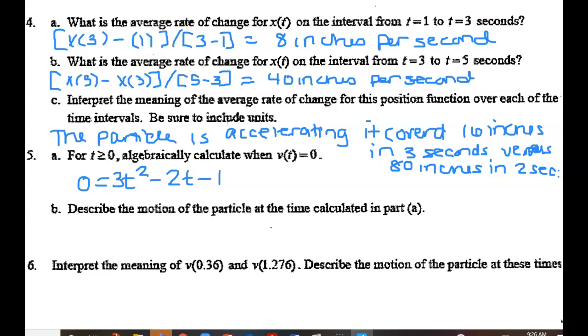Easier than quadratic formula. Yeah, guys, we're trying to factor that.